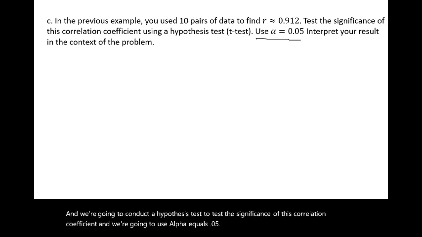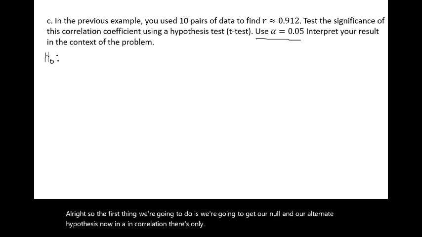All right, so the first thing we're going to do is get our null and our alternate hypotheses. Now, in correlation, there's only two of these. So your H0 in correlation is always going to be rho is equal to 0, which means there's no correlation.